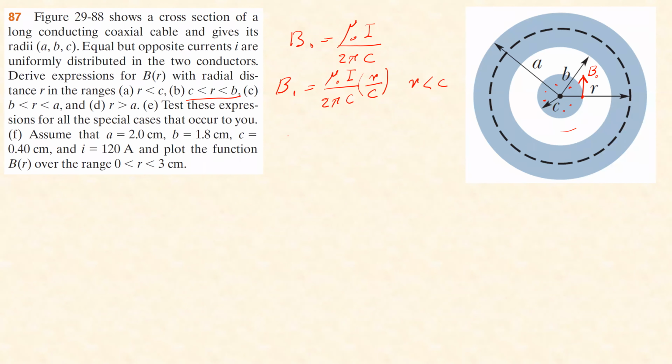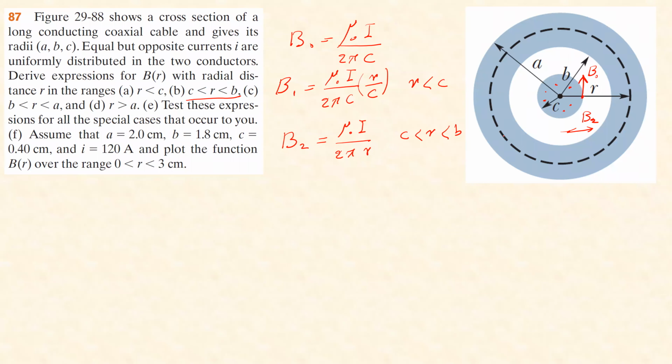We said that B, let's call it B2 at this point, is equal to mu naught I over 2 pi R. Instead of C, we have R, because outside it just works like a thin wire. So this is when R is between B and C.